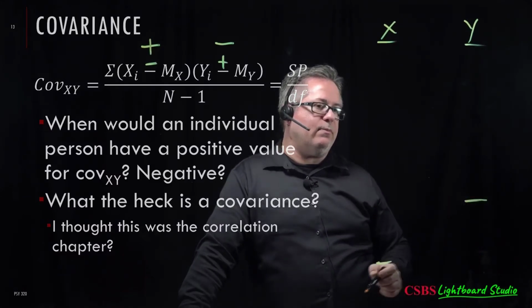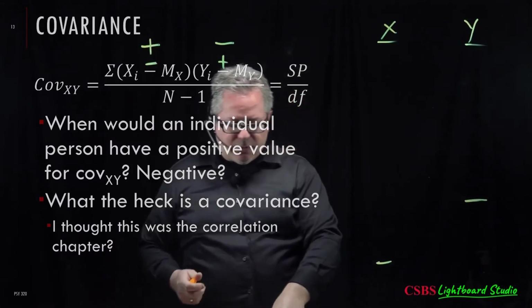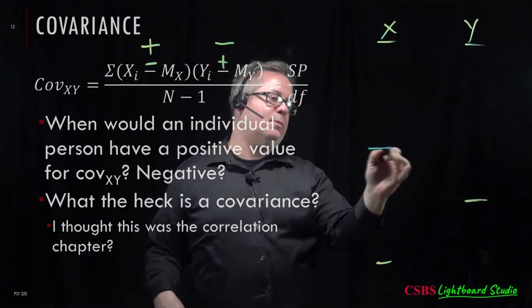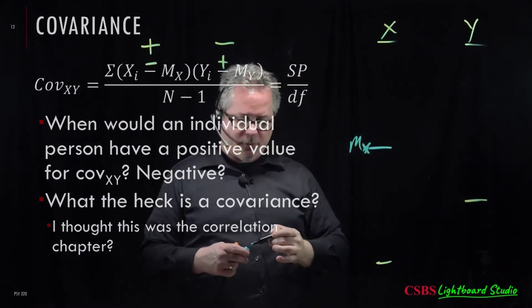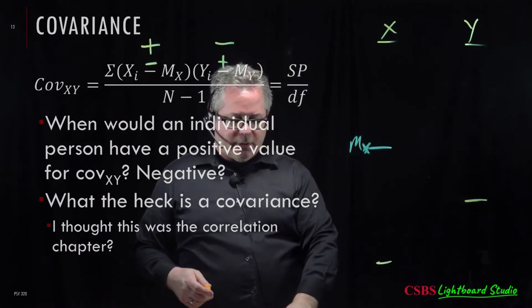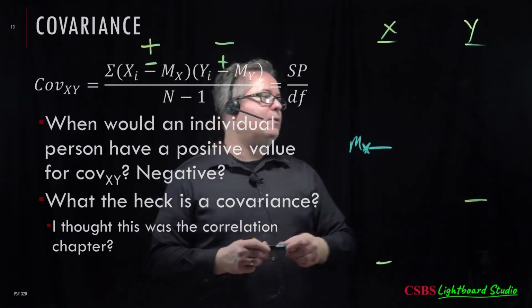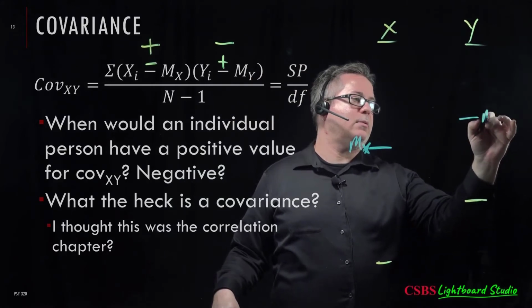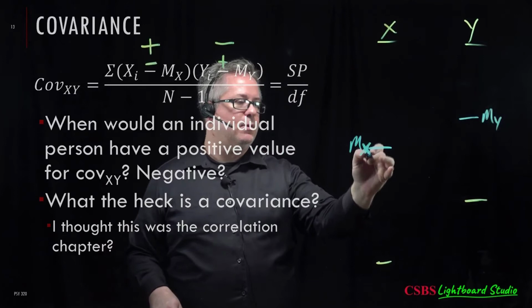It's not quite as variable, but somewhere in here, x is going to have a mean. Somewhere in there is going to be the mean of x. And somewhere on y, there's going to be a mean for y. So we're going to have our means. Have a mean for x, a mean for y.